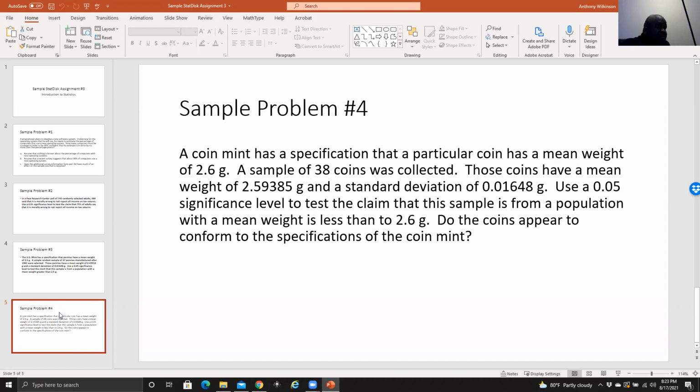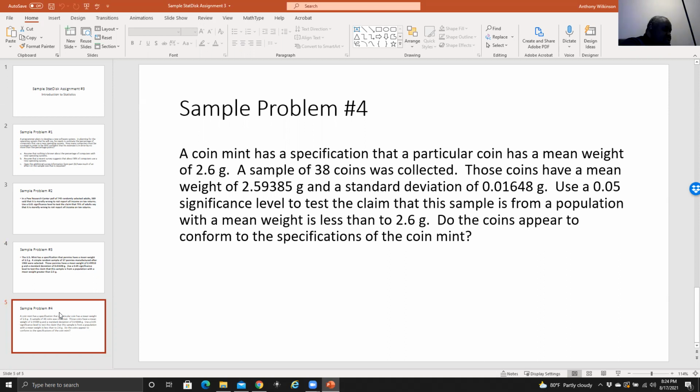Okay. So we know we have a mean weight of 2.6 grams. We're dealing with a sample of 38 coins, and those coins have a mean weight of 2.59385 grams. The standard deviation was 0.01648 grams.